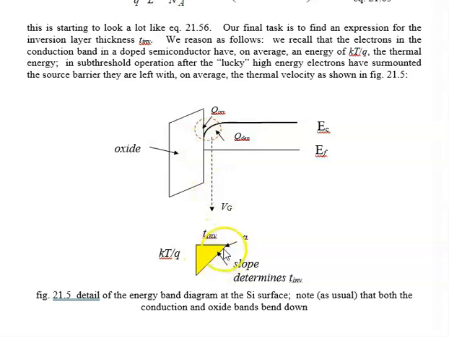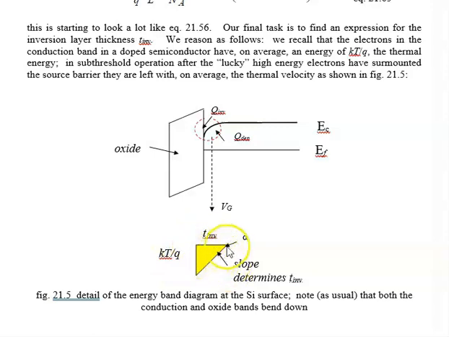The slope of this line here, not the hypotenuse, but the slope of the angle alpha, is equal to the electric field. And we know that because electric field is equal to energy divided by distance. The energy is the thermal energy, and the distance is T inversion.